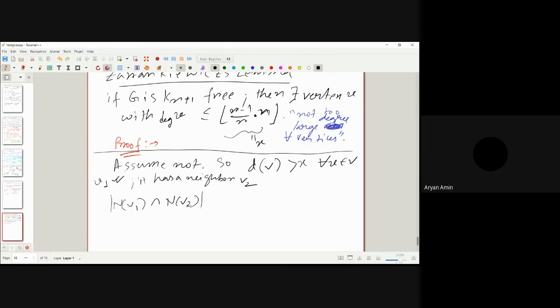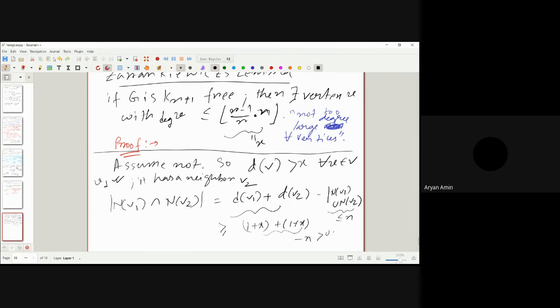If you just do the initial calculations, |N(v1) ∩ N(v2)| is d(v1) plus d(v2) minus the union, that is |N(v1) ∪ N(v2)|. Now this is given to be greater than 2x, and the union is obviously at most n, because there are n vertices. So you can just check that this is greater than 0.